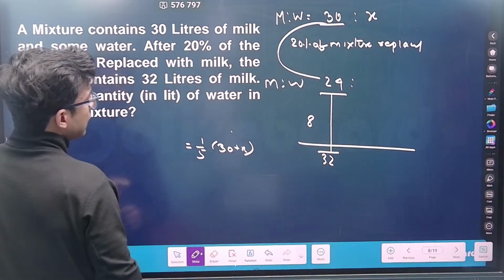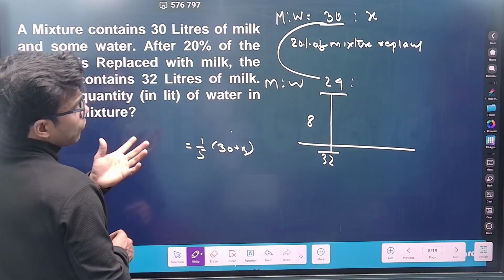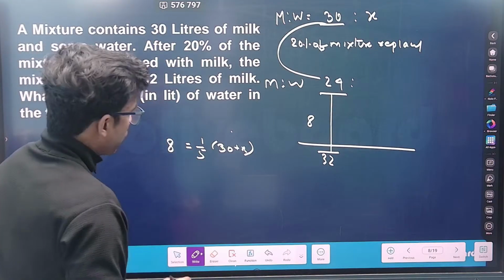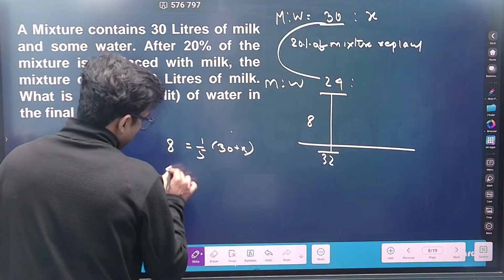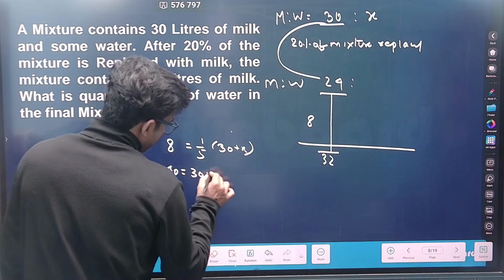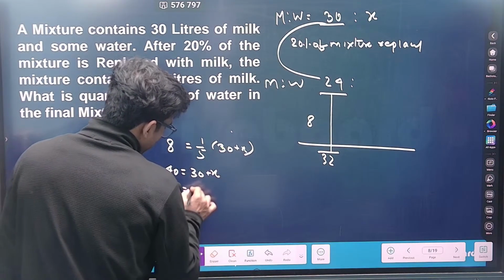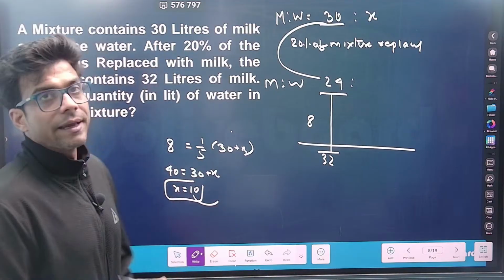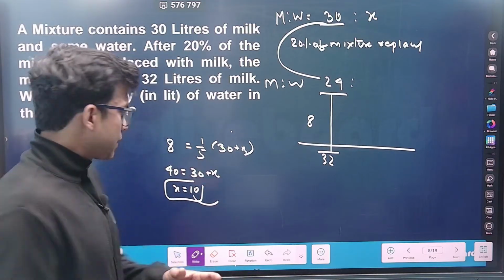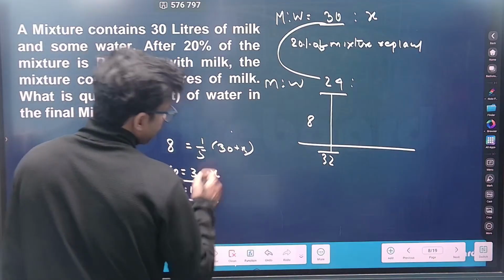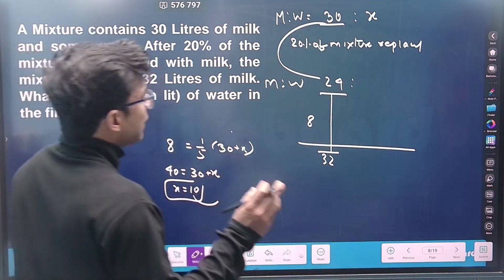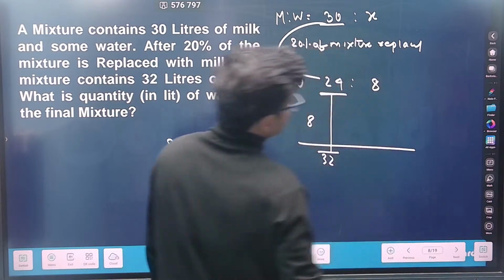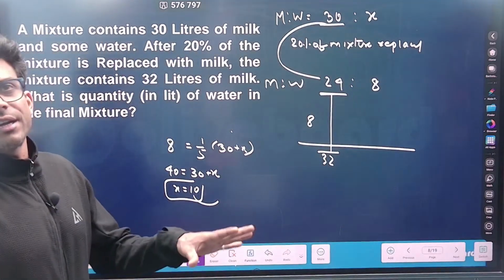So after the 20% replacement, this would be equal to 8. From here, if 40 is equal to 30 plus x, the value of x would be 10. Now the 20% of this 10 is what? 20% is 1 by 5, so 2 would be there. Then the remaining 80% here is 24. Then here it would be 8. Correct, na? Here it is 8. Try to understand.